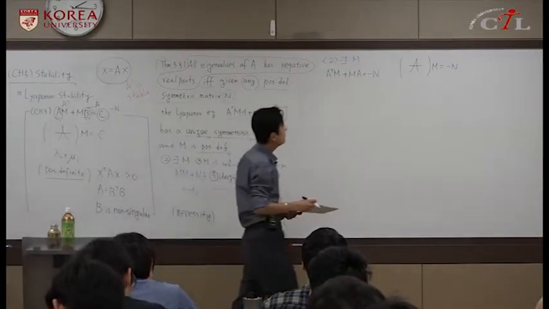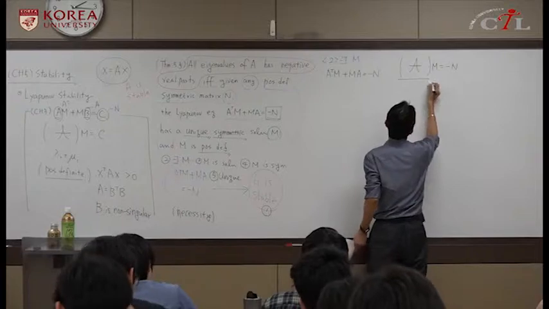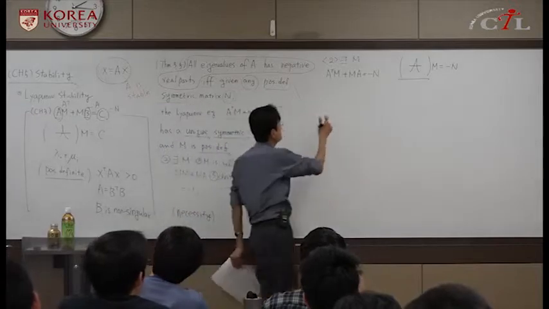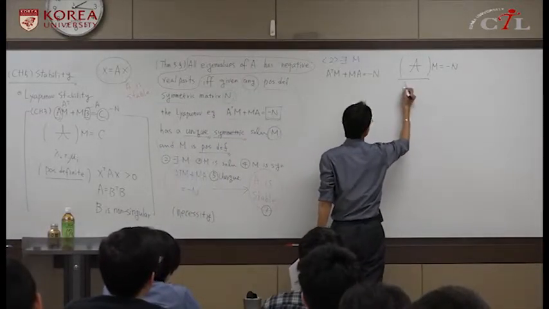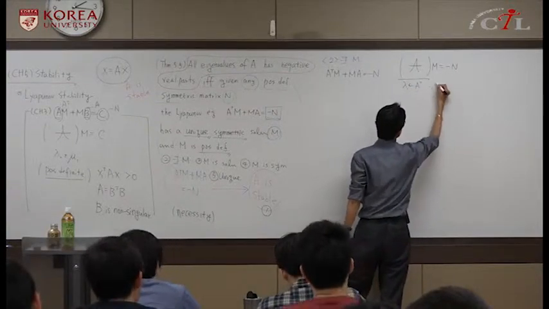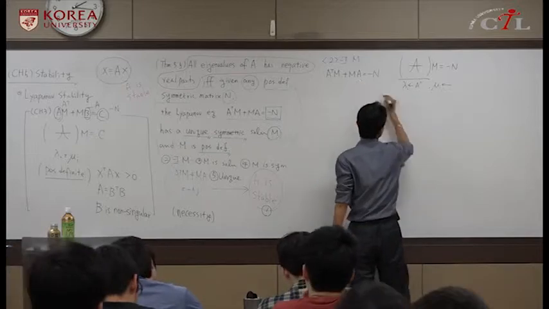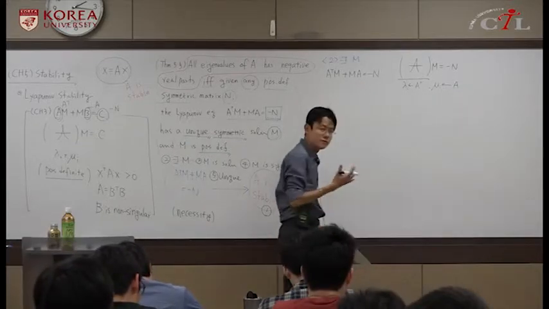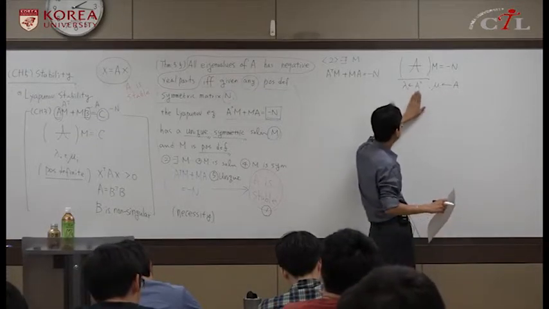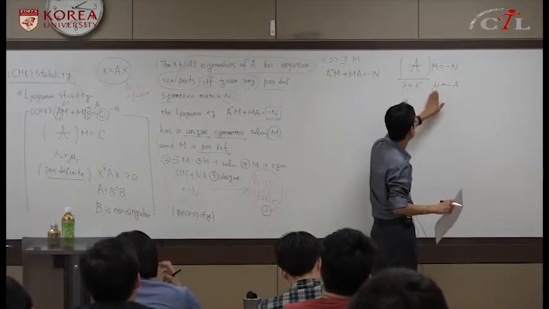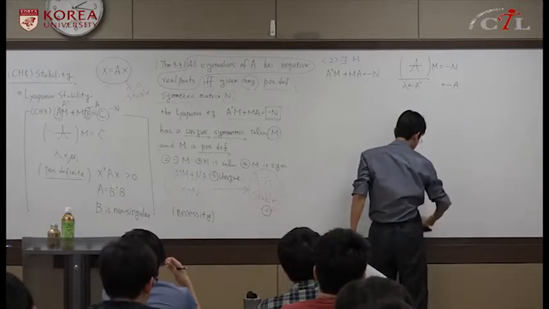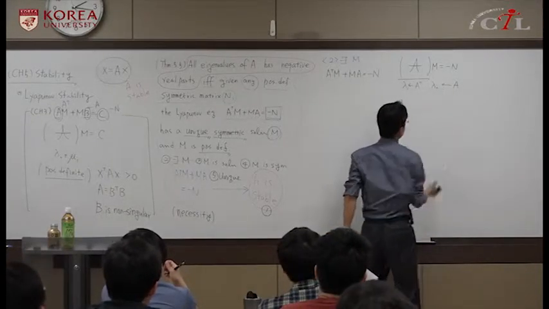Then the eigenvalues of this matrix are the sums of the eigenvalues of A transpose and the eigenvalues of A. But naturally, the eigenvalues of A transpose and A are the same, so I may write lambda instead of mu.